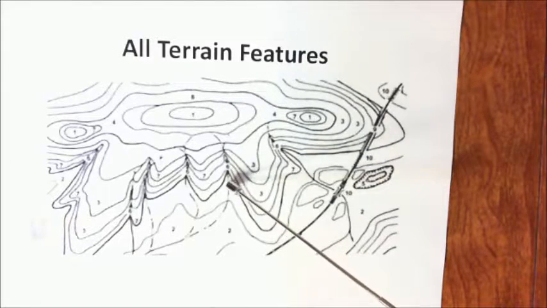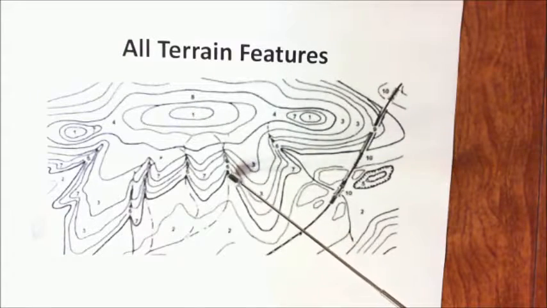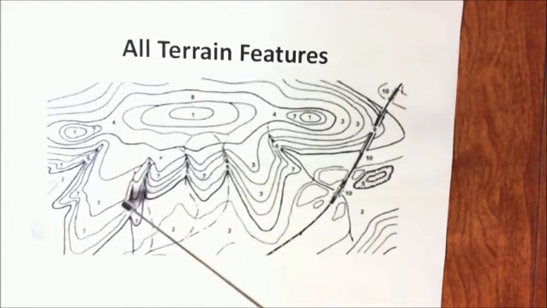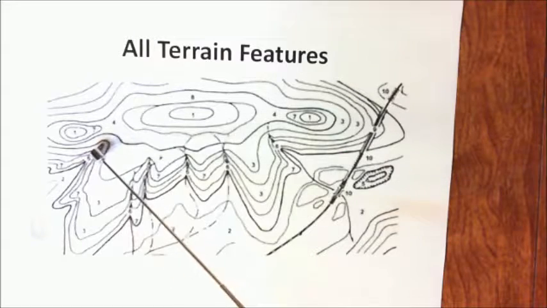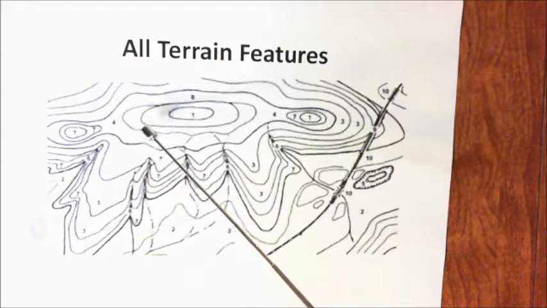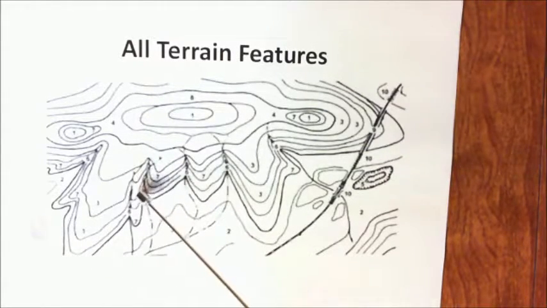Now here, look, you got V-shaped contour lines pointing towards high ground. That's a draw. How tight that is. Tight, tight, very, very tight. Here's another draw. But what's the area between draws here? You still have ground sticking out above these draws.